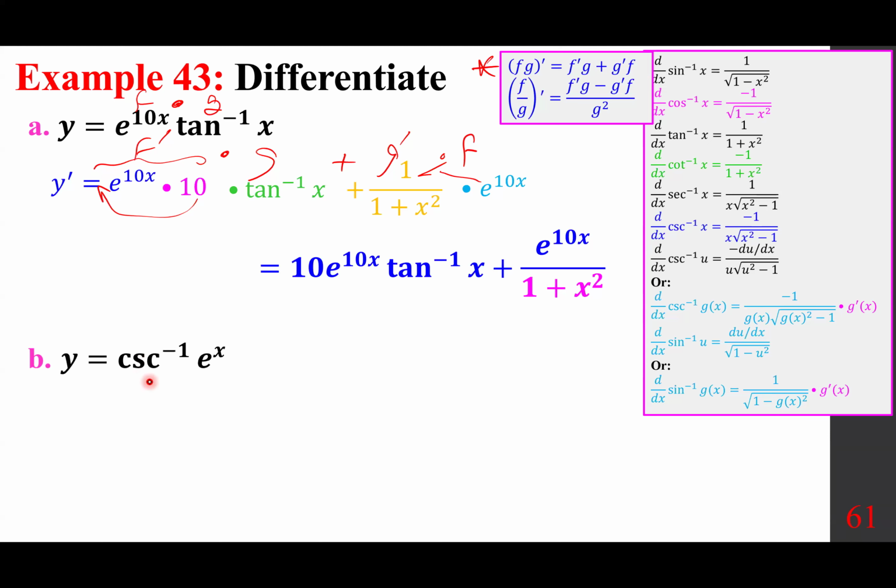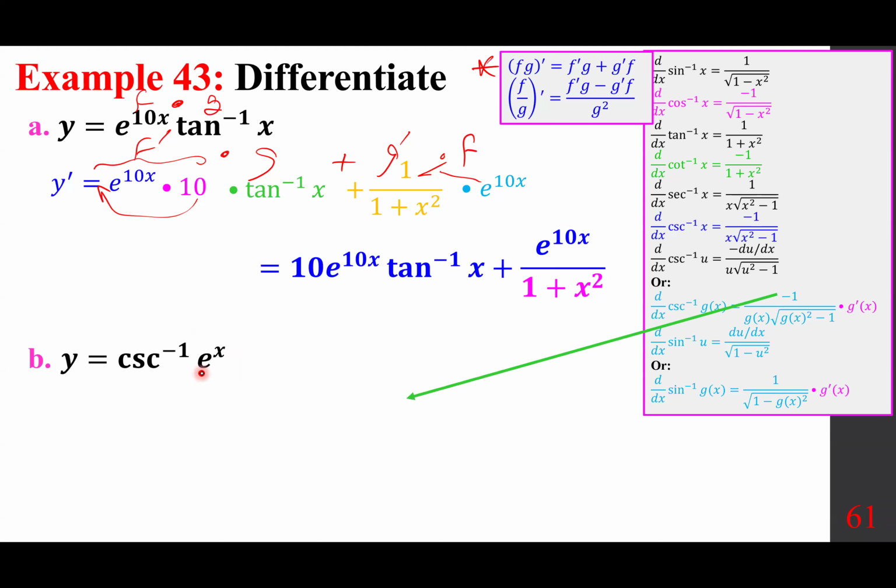Y equals cosecant inverse of e to the power of x. So please understand this is g of x or u. So we are going to look at cosecant inverse of x, and then from cosecant inverse of x, we should be able to come up with cosecant inverse of u or g of x first, and then we work on this piece.